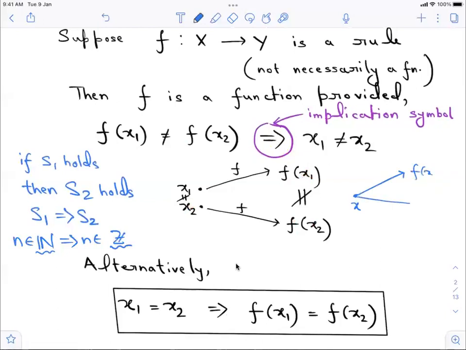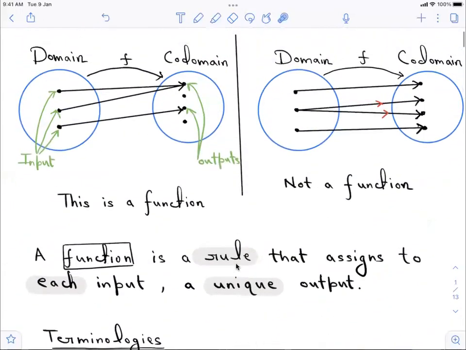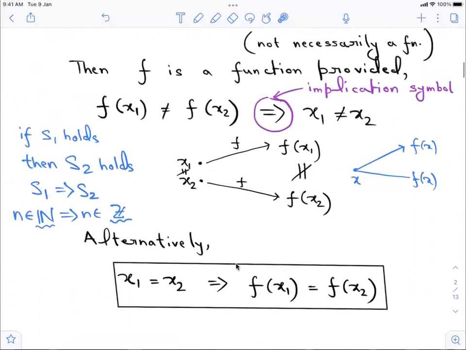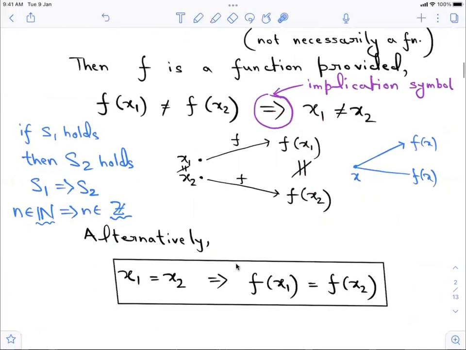So this is f(x), this is f(x), which would contradict the definition of a function, right? Once again, you cannot have a one-to-many situation while defining a function. So this kind of thing cannot happen. So f(x1) not equal to f(x2) must imply that x1 is not equal to x2. Hopefully it's clear.